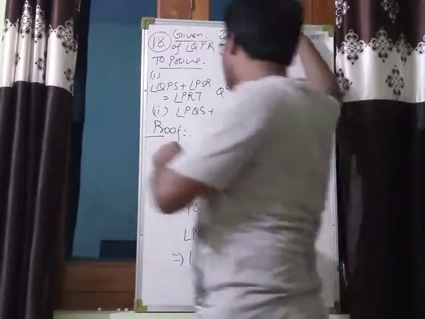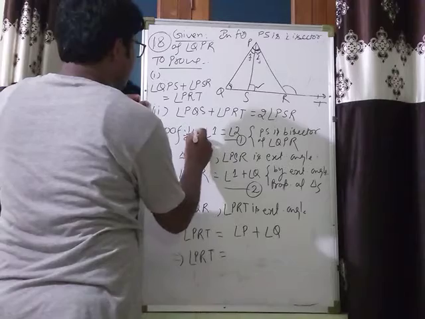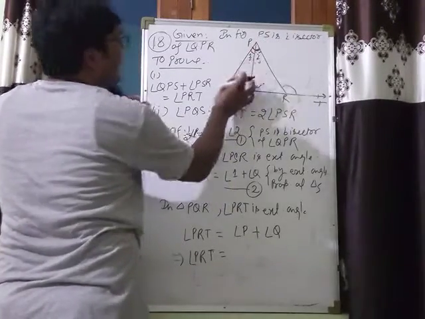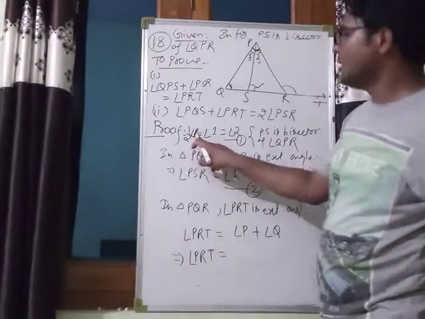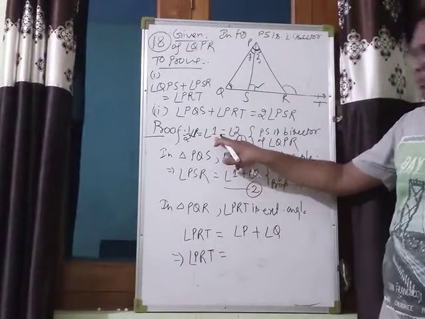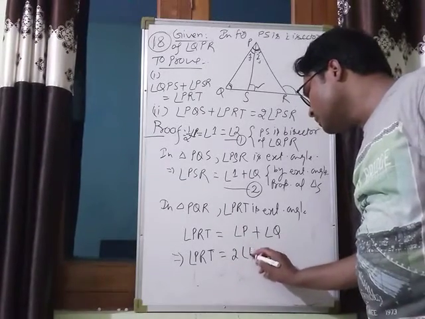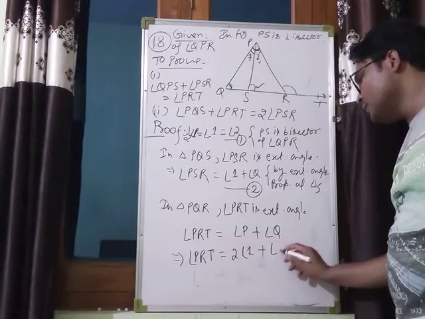Here I can write, that is half of angle P. Angle P का आधा एंगल 1 और एंगल 2 है. So angle P is equal to twice of angle 1. So angle P can be written as twice of angle 1, and plus angle Q.